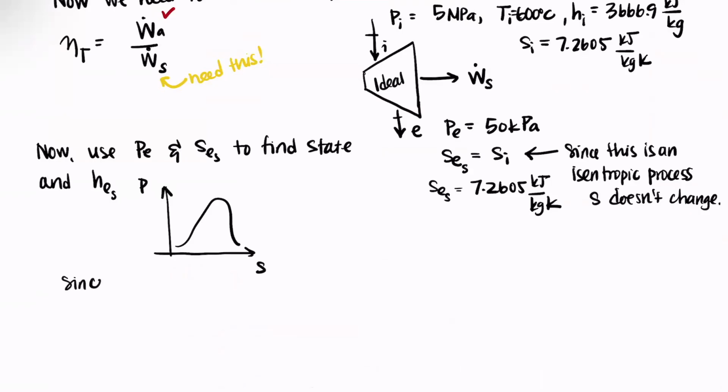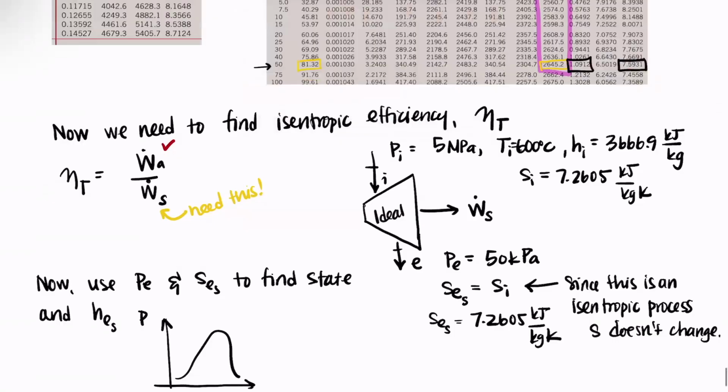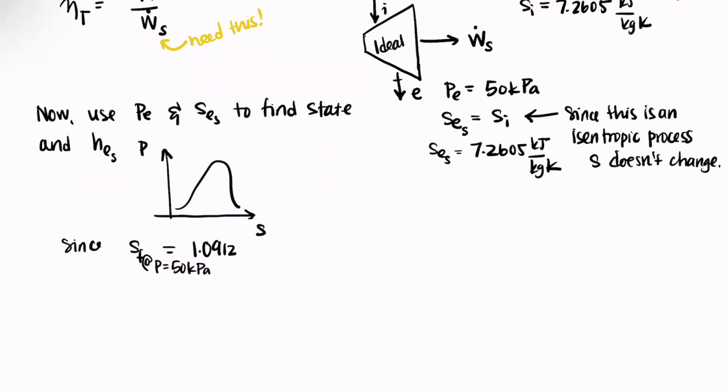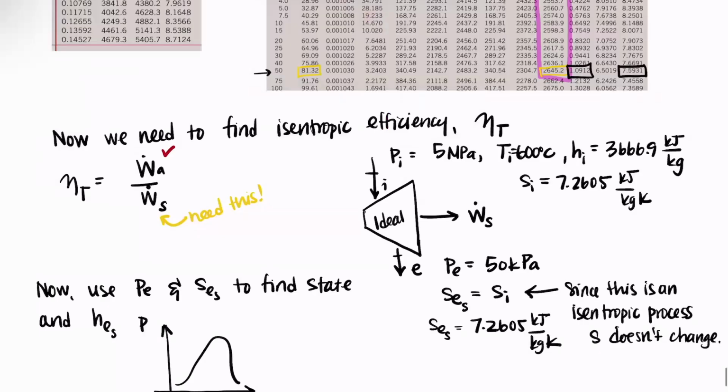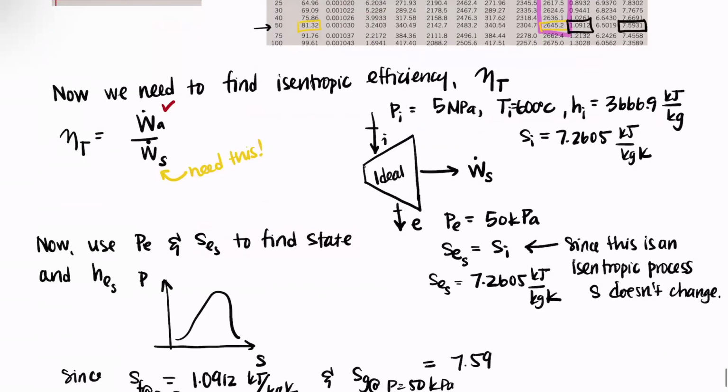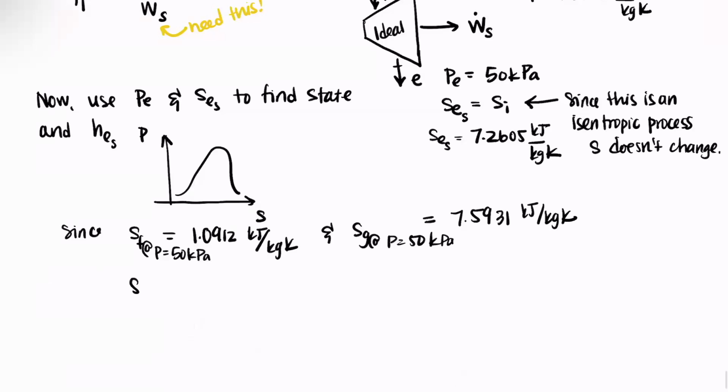Since SF at P equals 50 kPa is equal to 1.0912 kilojoules per kilogram Kelvin, and SG at a pressure of 50 kPa is equal to 7.5931 kilojoules per kilogram Kelvin, our isentropic exit state is between these two things. So this is a mixture.